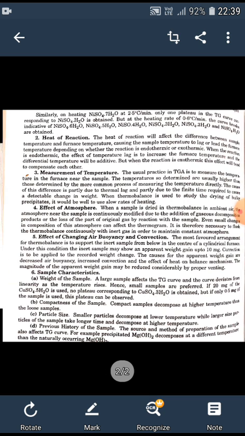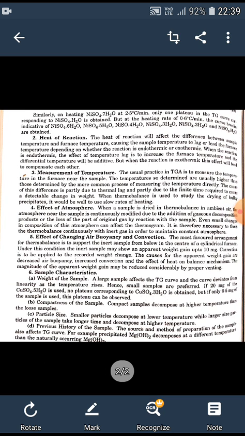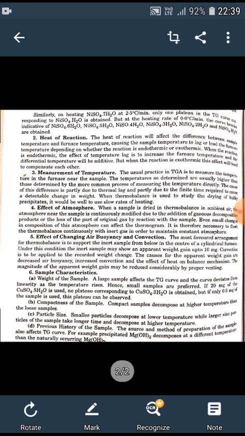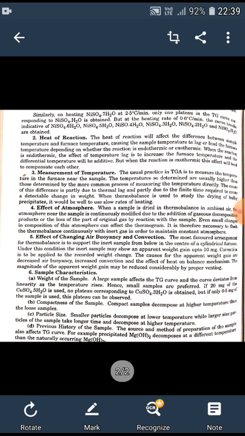Similarly, on heating nickel sulfate heptahydrate at a rate of 2.5 degrees centigrade per minute, only one plateau in the thermogravimetric curve, corresponding to nickel sulfate monohydrate, is obtained.